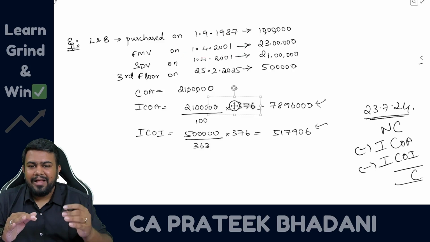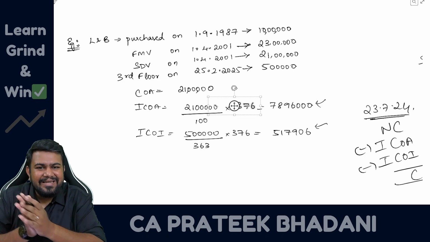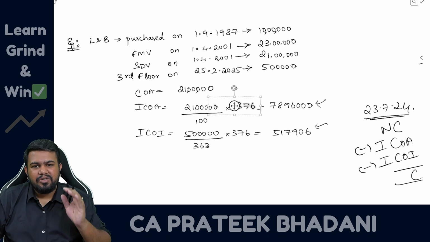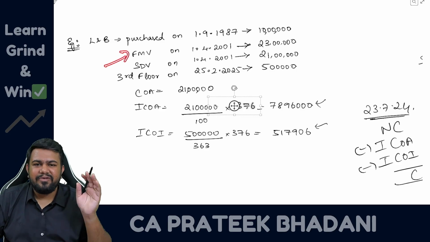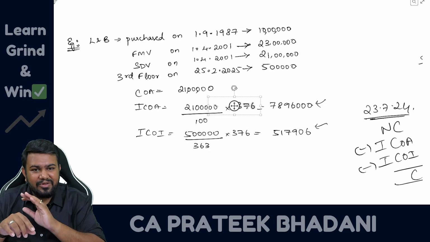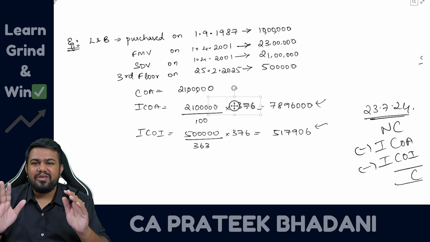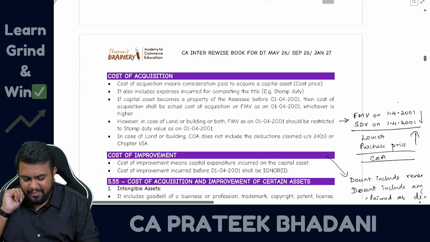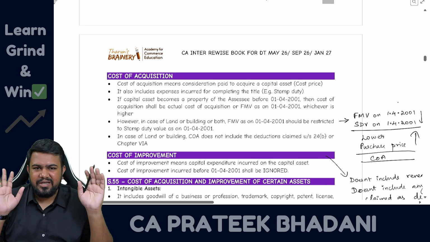But now on or after 23/7/2024, indexation itself is removed. So if you speak logically, should you have any benefit as on 1/4/2001? Answer is no. But still the Income Tax Act, even though there is no indexation concept now, is giving you the benefit that you can take the fair market value as on 1/4/2001 as your cost of acquisition. Fine.